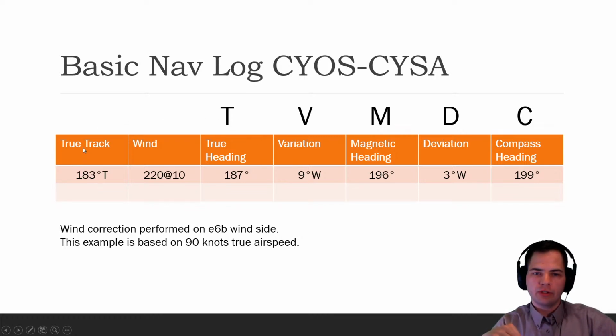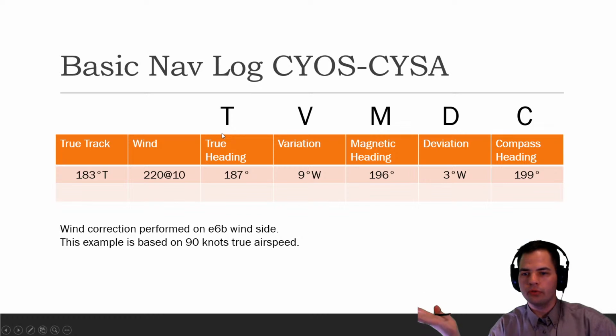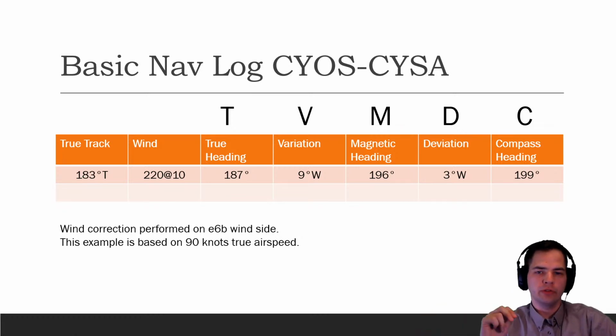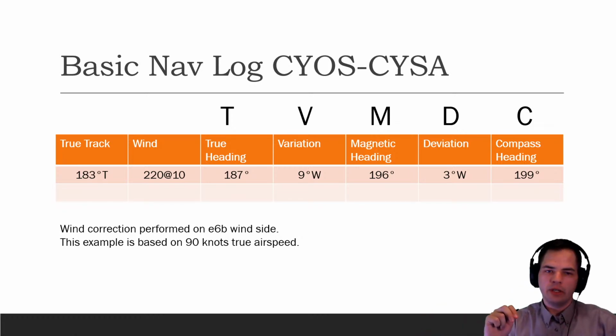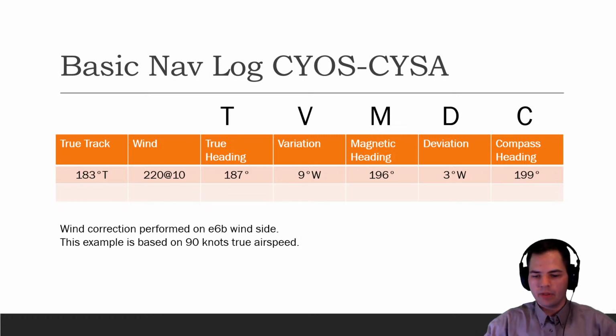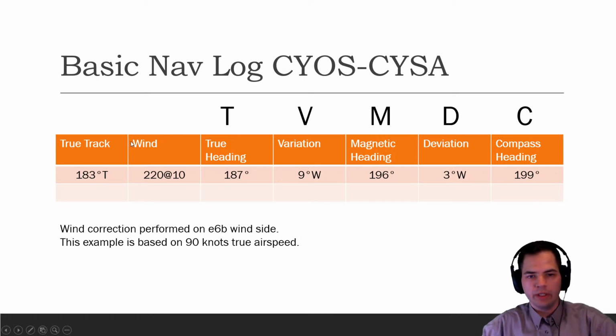Know that going from tracks to headings, you're going to have to do your wind corrections, so your E6B corrections likely, or if you have a digital flight computer, you can do it on that. And then from here we have TVMDC. TV makes dumb co-pilots. So you're going to go true, variation, magnetic, deviation, compass to get to the actual number to fly.